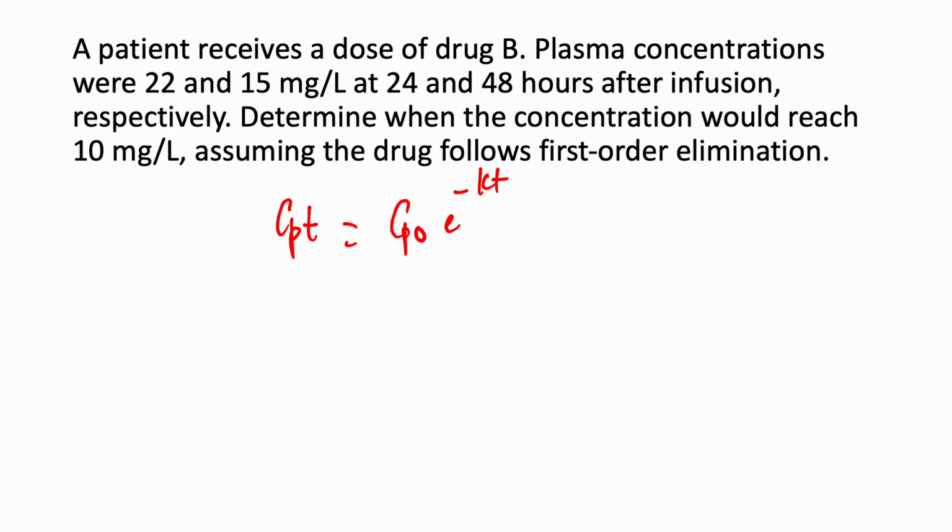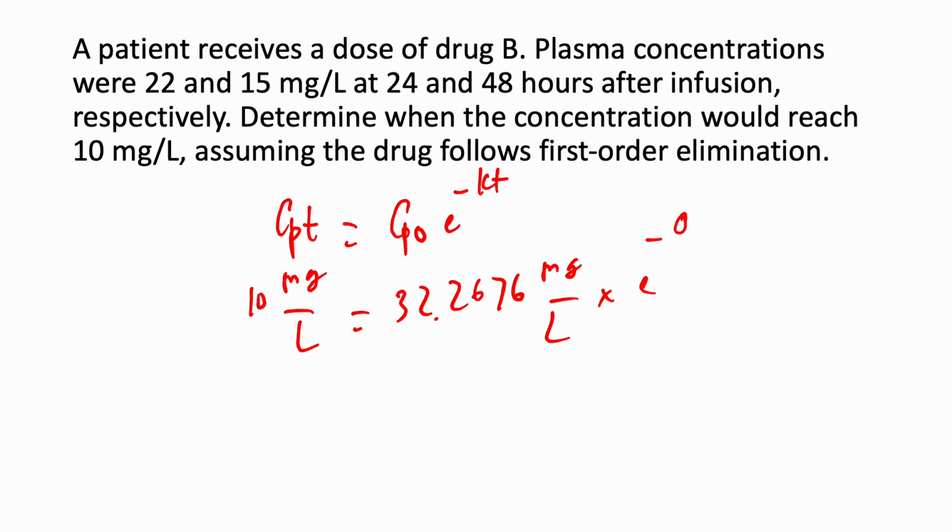Then for C_t I have 10 milligram per liter, equal to C_0, which we just calculated as 32.2676 milligram per liter, times exponential minus K, where K is 0.01596 per hour, times t here.